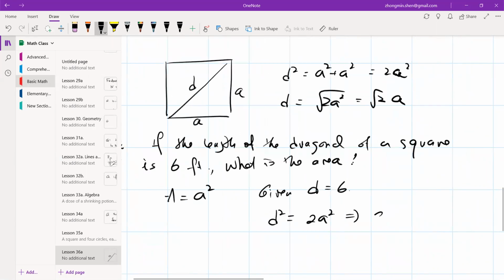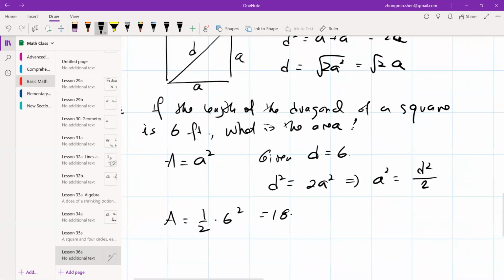So all I need is a squared, which is d squared over 2. So that's why the area is going to be half of d squared. What is d squared? d is 6 feet, so it's going to be 18.